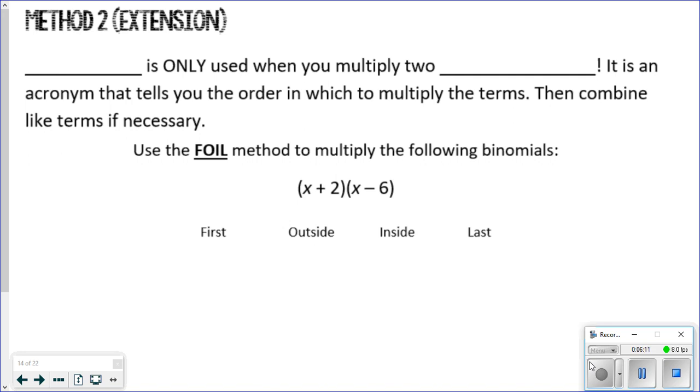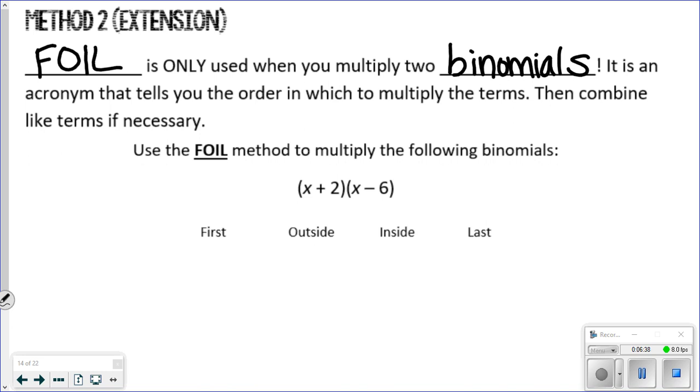So there is something called FOIL. You might have learned this in middle school. The distributive property and the box method could be used at any time. Okay? But FOIL can only be used when we're multiplying two binomials, which is probably why the book doesn't use this acronym or teach it to you.